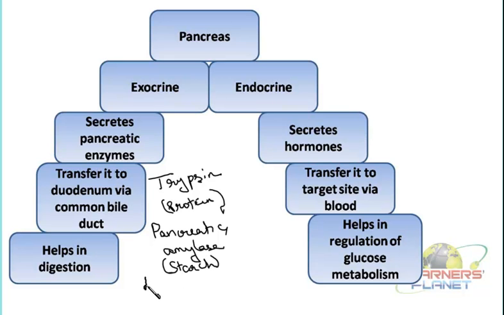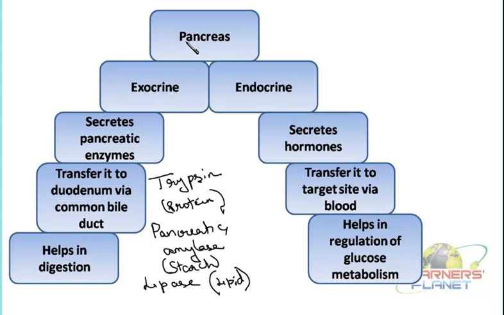Another enzyme which is secreted is lipase, and this lipase helps in the digestion of lipid molecules. So this is how these enzymes are secreted by the exocrine part of the pancreas and transported into the alimentary canal through a common bile duct. And thus we call this gland an exocrine gland.